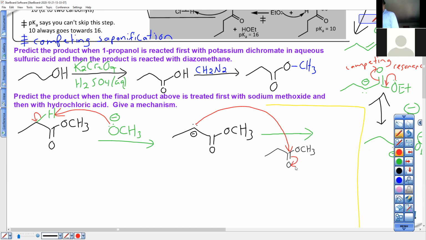Now you got to be careful here. I'm going to say red first, blue second. And the blue comes in right here when the leaving group leaves.